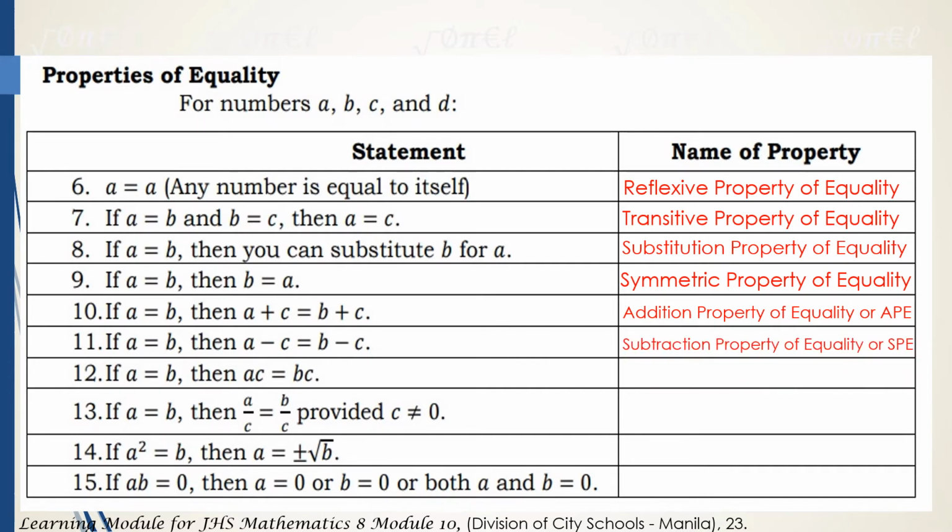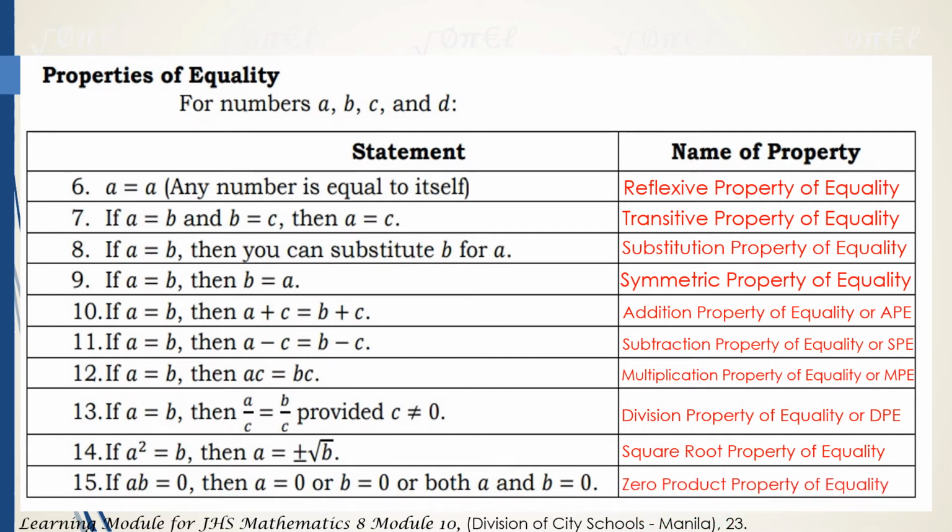We have the SPE, subtraction. For multiplication, we have MPE, and division is DPE. We also have the square root property of equality kapag kinuha natin yung square root ng both sides. And then we also have the zero product property of equality. Kapag minultiply sila, tapos nag-zero, ibig sabihin yung isa sa kanila ay 0 or pareho silang 0.